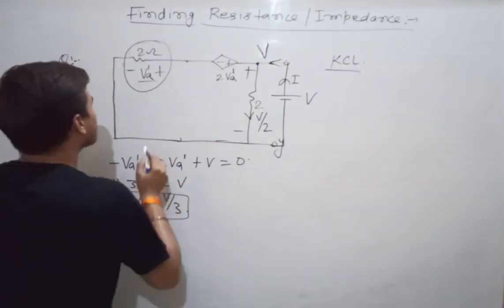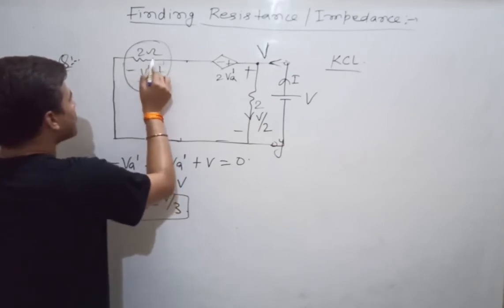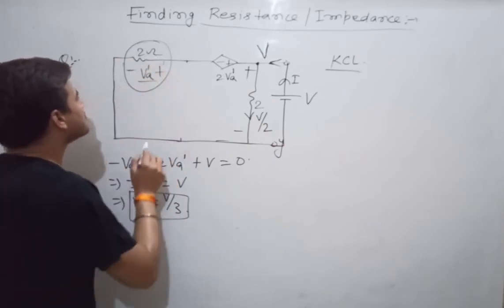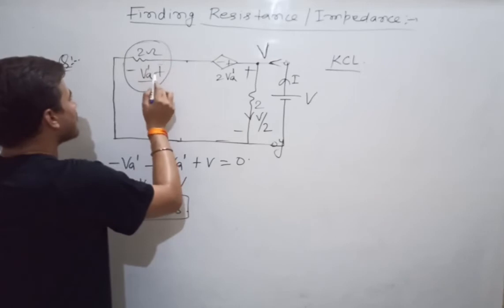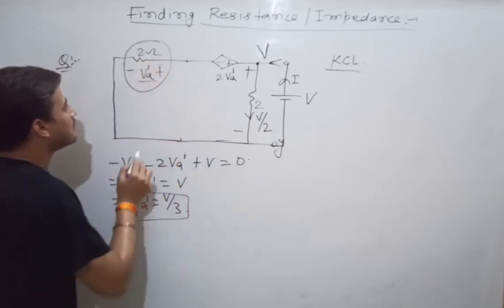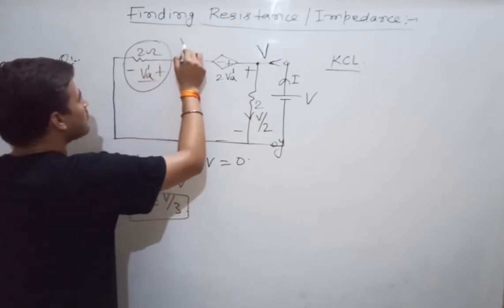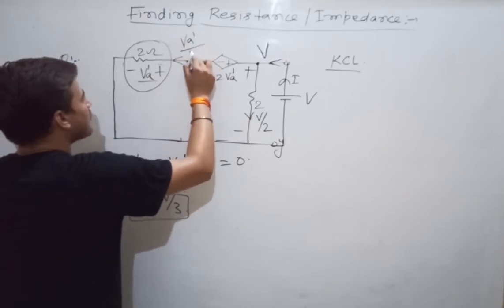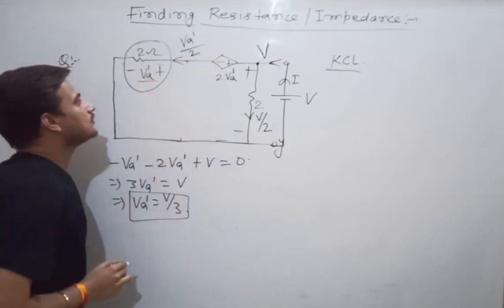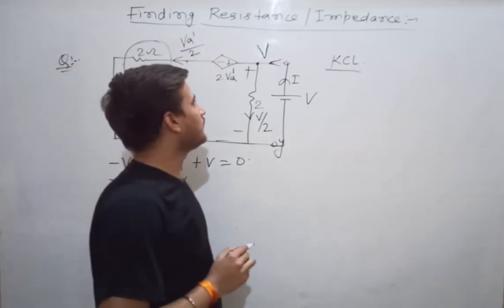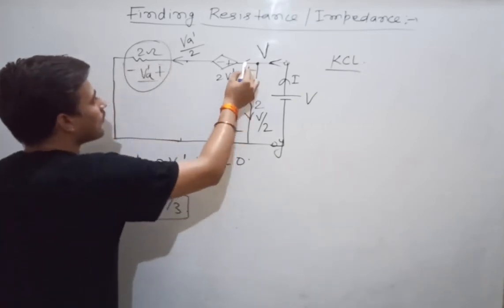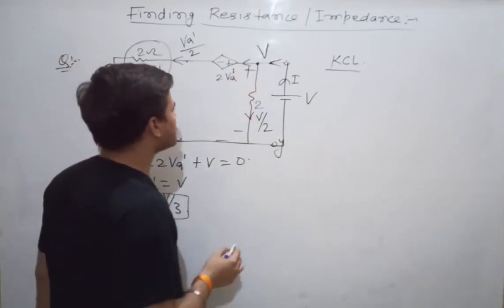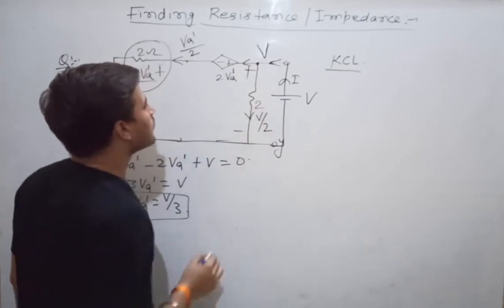Now you may be confused about the value of this current. See, this is the voltage drop VA dash, and a 2 ohm resistor is there. That means the current through this 2 ohm resistor will be VA dash by 2. So we got all these three currents. Here 2 are outgoing branches, 1 is incoming.